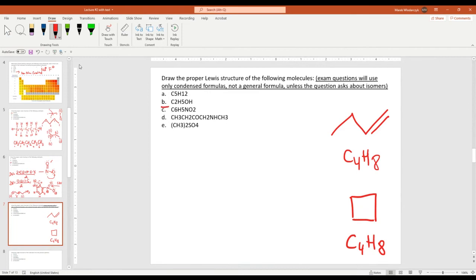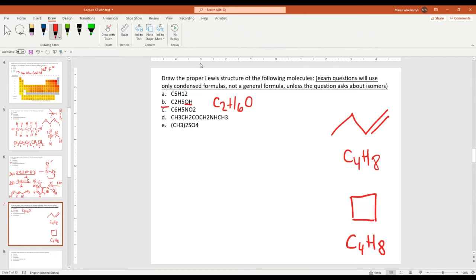We're going to do problem D now. So we have C2H5OH. Normally, if you were to write down the molecular formula for that, it would be C2H6O. Writing OH means that this OH is in a hydroxyl group somewhere in your molecule.